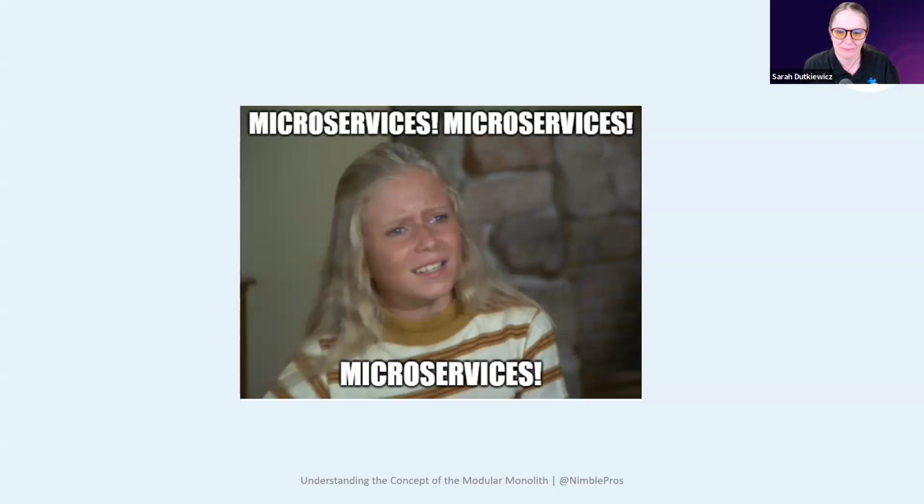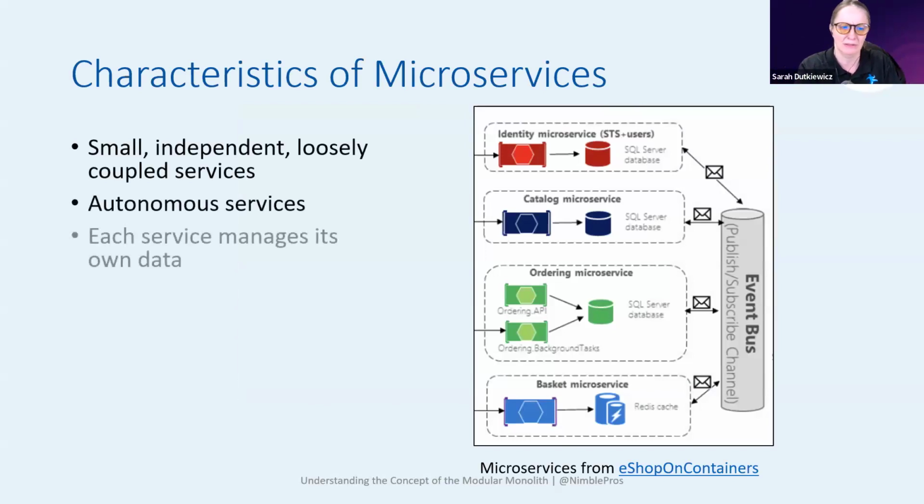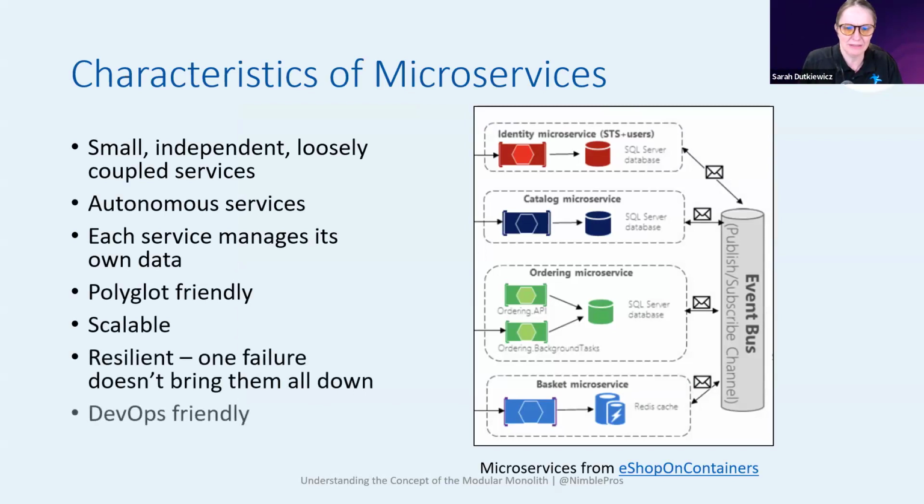So that's an option, but with microservices, this is the pendulum swinging is how I see that. Where, okay, this isn't working, so let's swing all the way to the other side. We're forgetting that gray area in between. And when I say microservices, this is what I'm talking about. Just so that we're clear on when I say microservices, you know the image I'm painting. So we've got the microservices.